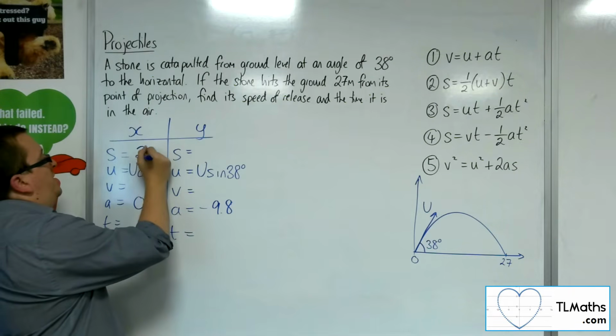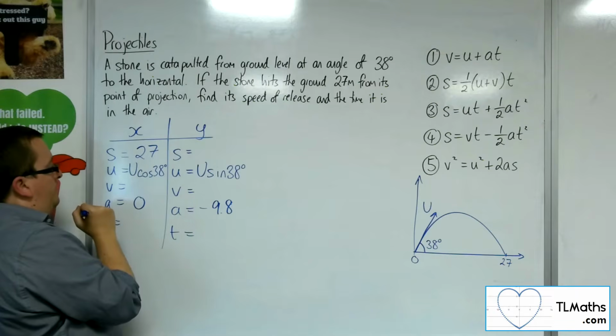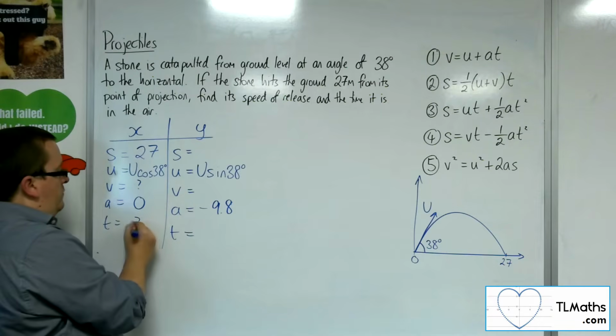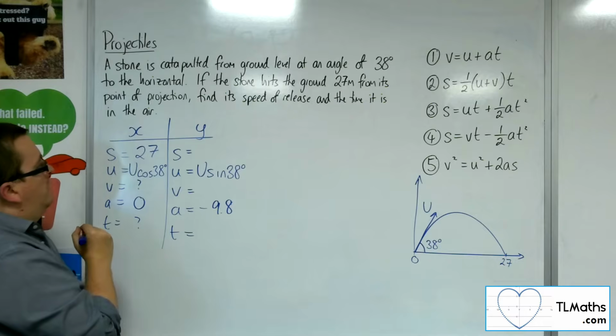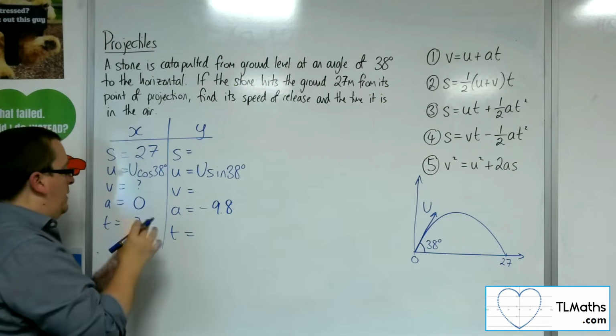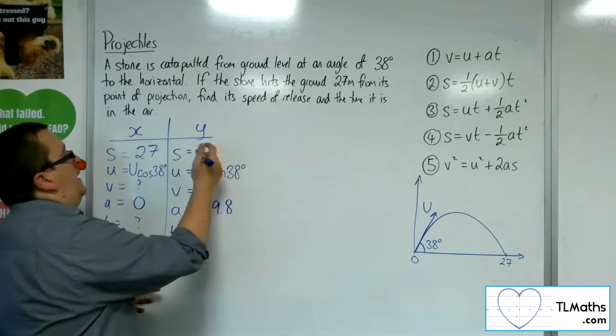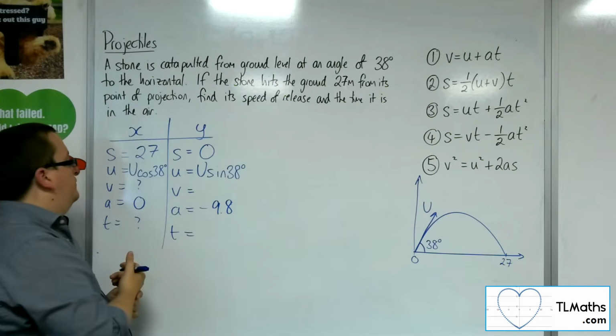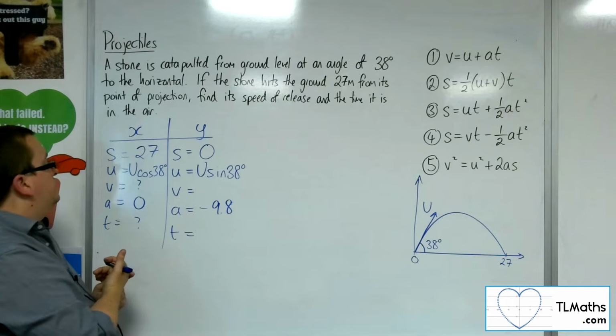Well, I could put 27 in there. I don't know the final velocity, I don't know the time. But if I'm working with the same time here, then the s here will be 0 for y.